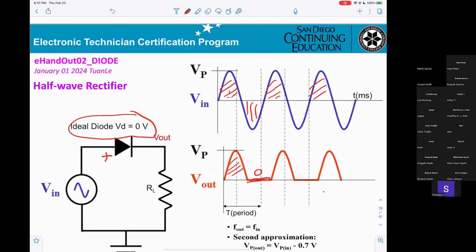That means this side is positive, this side is negative, and the value will be 0.7 volt. So basically, for drawing with the second approximation, the first thing you have to know is this is minus 0.7. So they will go this way.